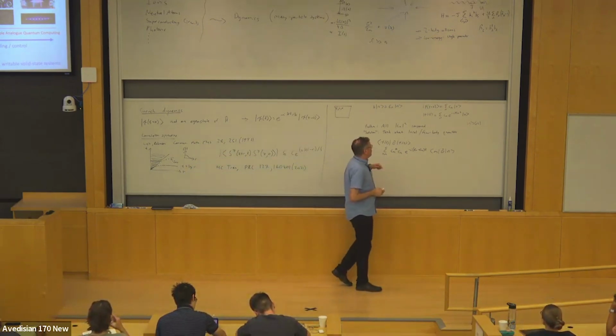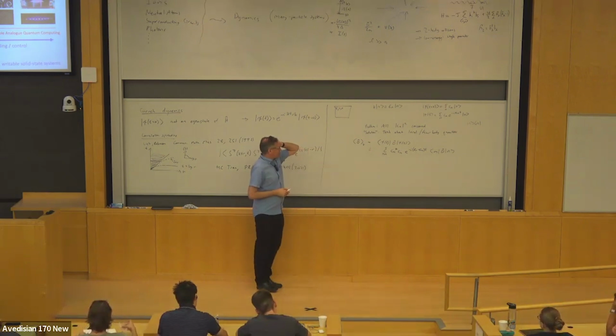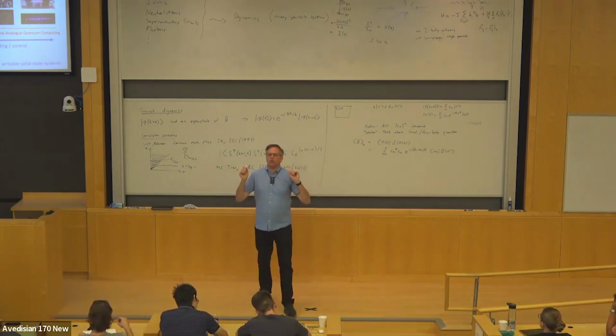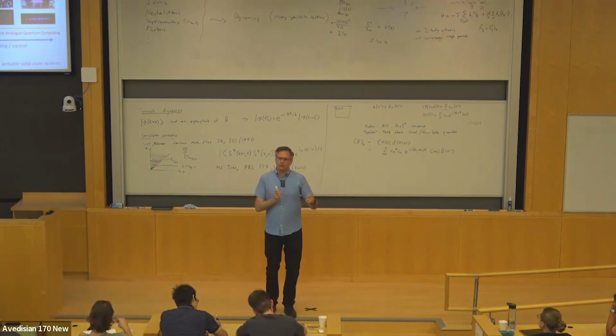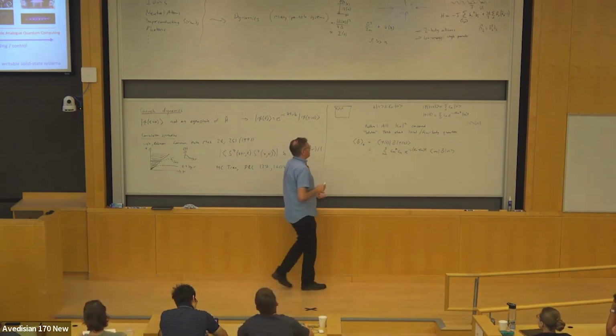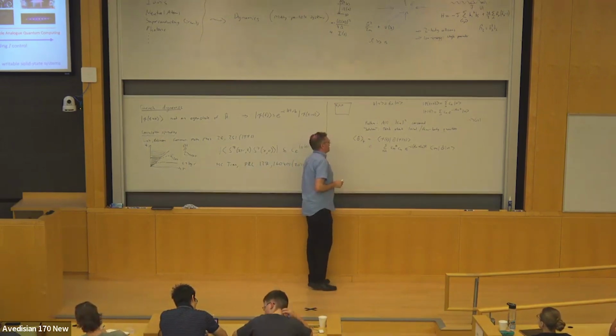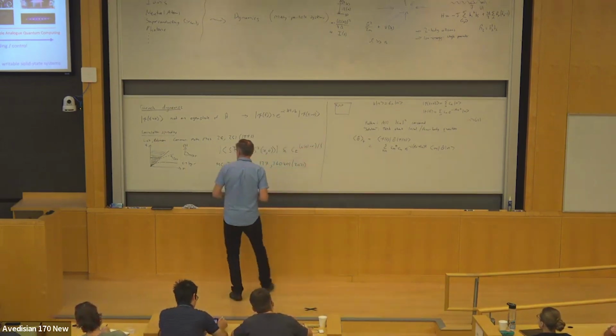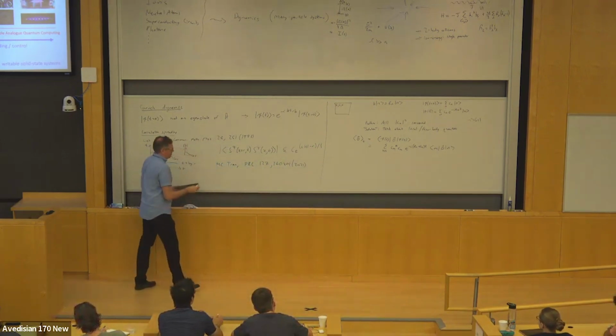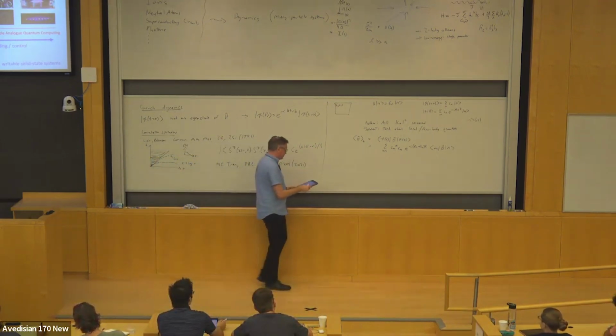The way that we often think about this is in the comparison of something that we call the diagonal ensemble to that microcanonical ensemble. And the way that we get to that diagonal ensemble is that we take a time average of this time evolution operator.